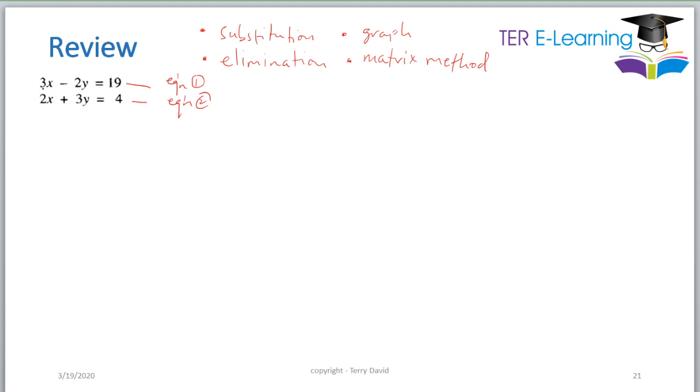But in order to do that, this is 3x and this is 2x. The two x's need to be the same if I'm eliminating x. If I'm eliminating y, then this here and this here have to be the same. Now, I can decide to eliminate x or I can decide to eliminate y, right? So I'm going to eliminate x in this case. Actually, that might be too easy. Let's eliminate y.